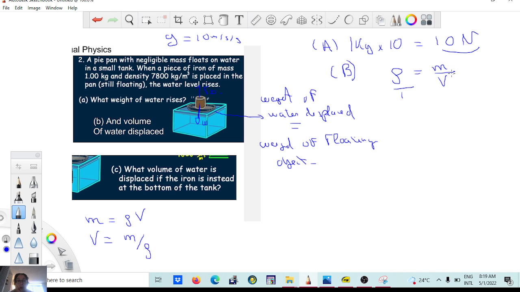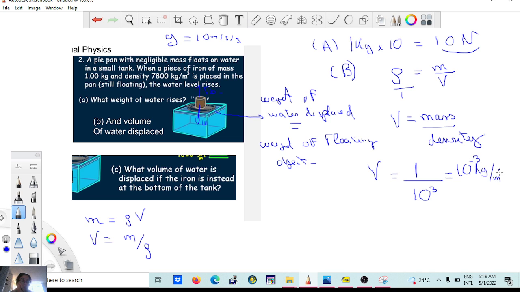Okay, you are isolating the volume, so you cross multiply, divide. So the volume equals the mass divided by the density of the water. So this is the density of water, the mass of the water, the volume of the water. So the volume of the water displaced will be 1 divided by the density of water, 10 to the 3, so that's going to be 10 to the negative 3 cubic meters.